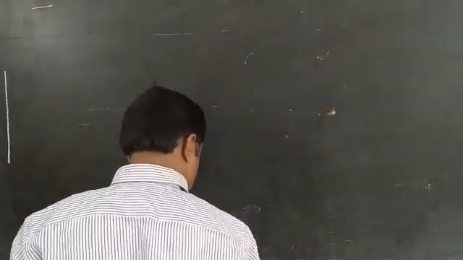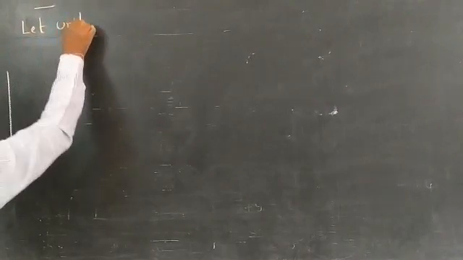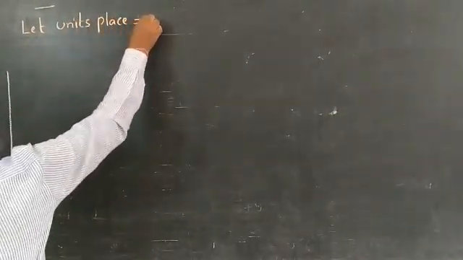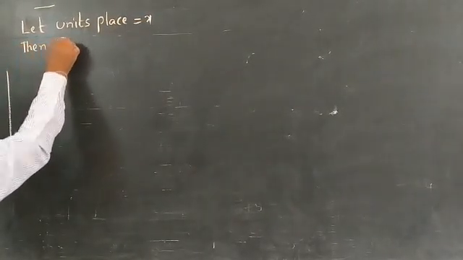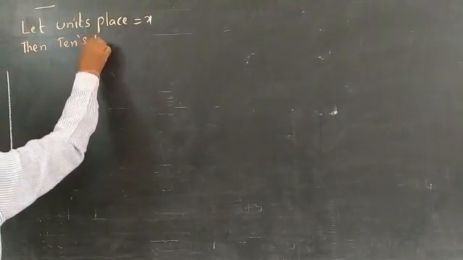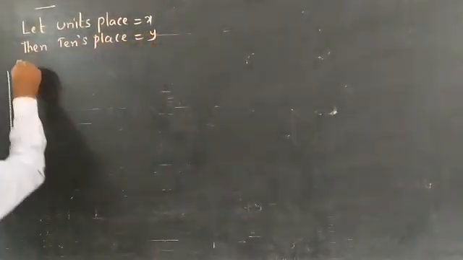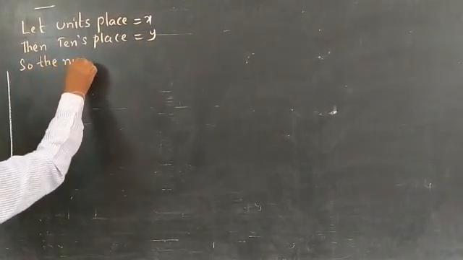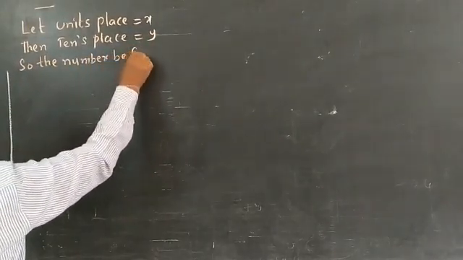So I am going to explain this question. First of all, let the units place be x and the tens place be y. How do we make the number?